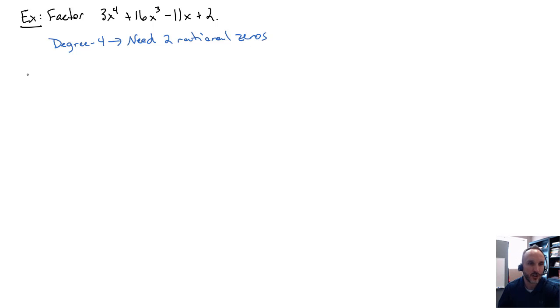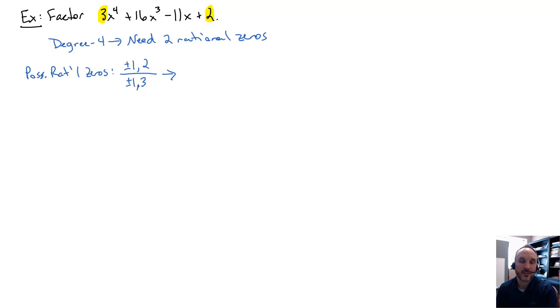So let's list all the possible rational zeros. The numerators will be the factors of the constant 2. So I've got plus or minus 1 and 2. The possible denominators are the factors of 3, which are plus or minus 1 and 3.